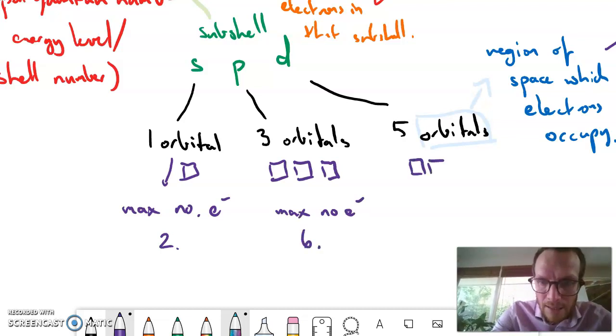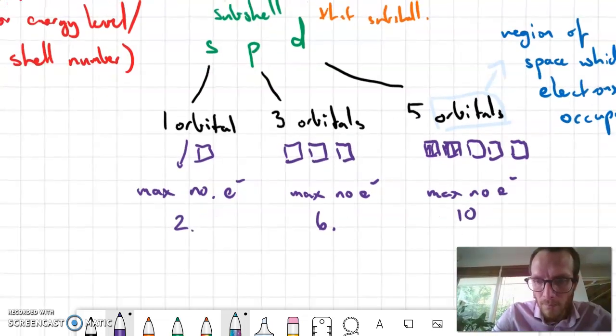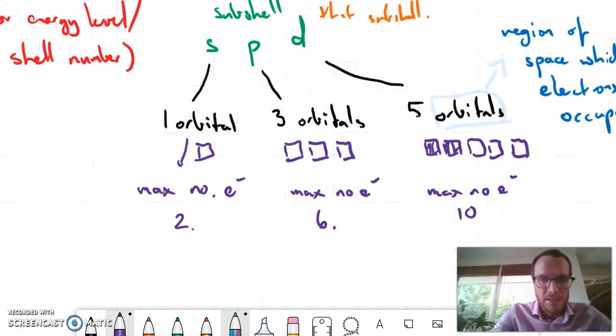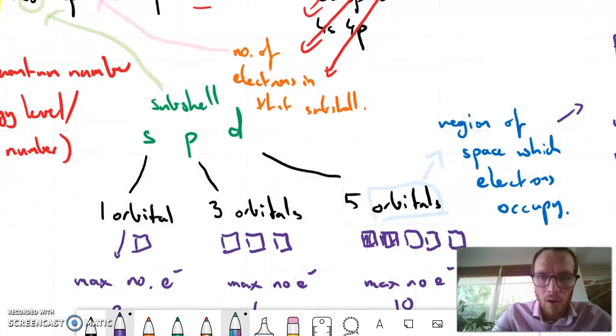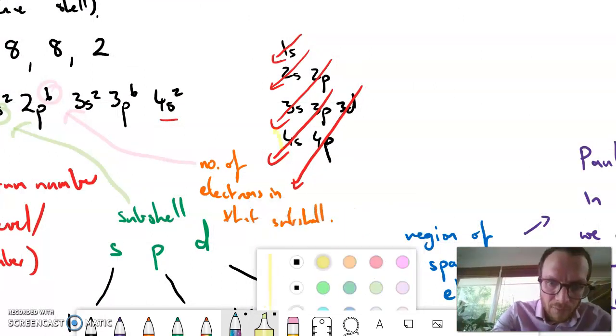And in a D we have 5, and in each one we can fit up to 2, so therefore the maximum number of electrons in a d subshell is 10. Let's see if we can visualize this a little bit more as to why, following this geometry, the 4s fills before the 3d.